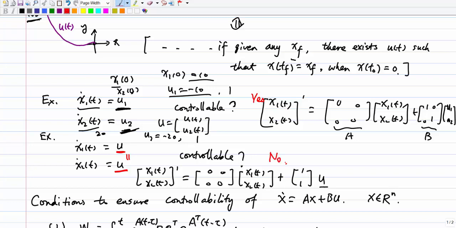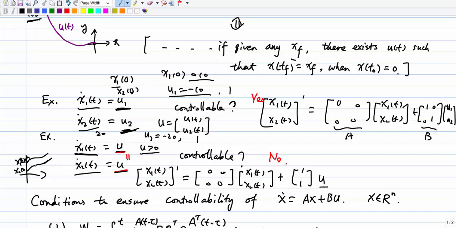The reason it's not controllable is that you have the same input, which means they always change by the same amount. For example, if you make u positive, x1(t) will increase, and x2 will also increase by the same amount. If you start with x10 and x20, they move in parallel.